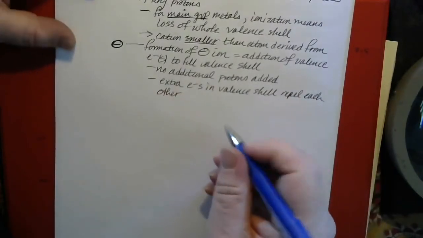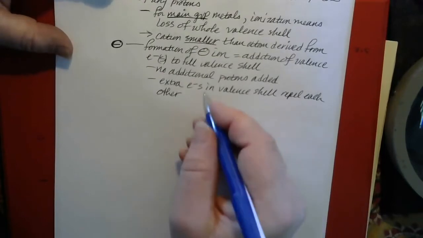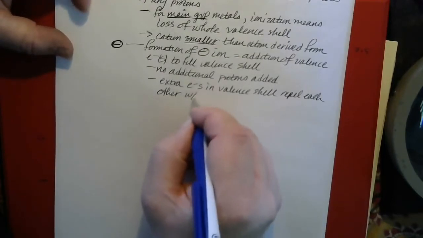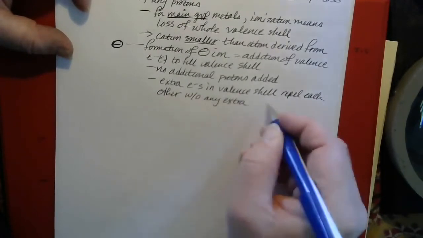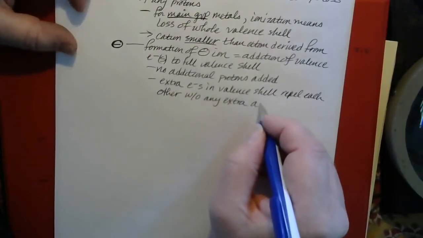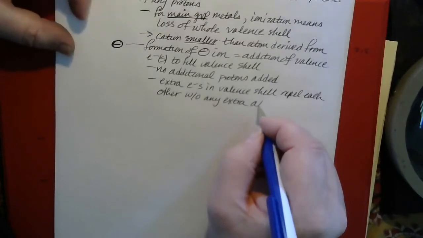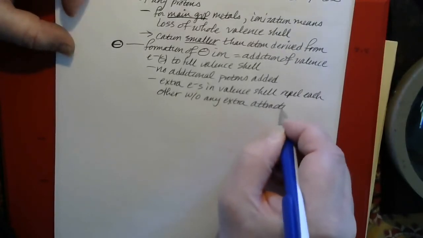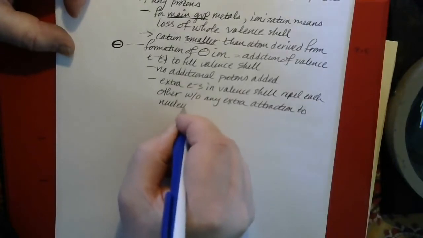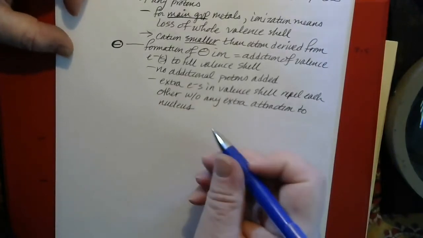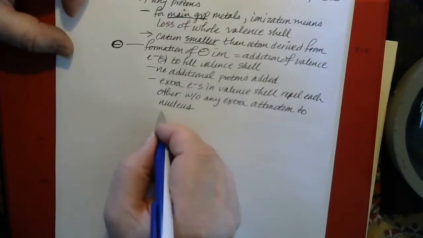So the extra electrons in the valence shell repel each other without much extra attraction anyway. The net effect is that the anion is larger than the atom it's derived from.